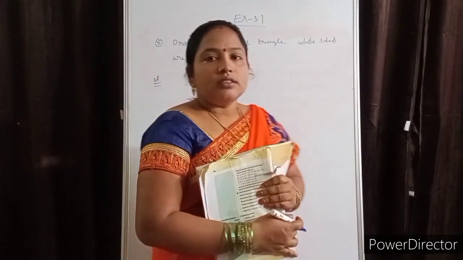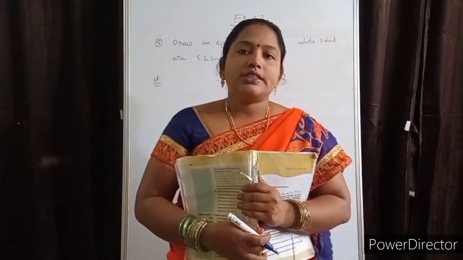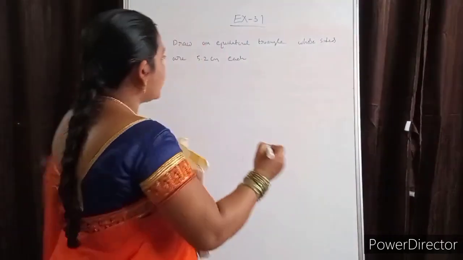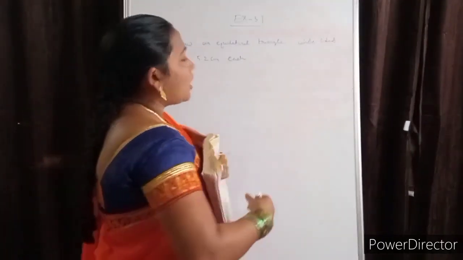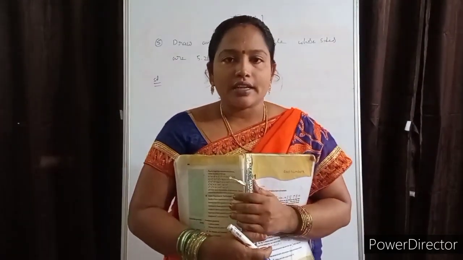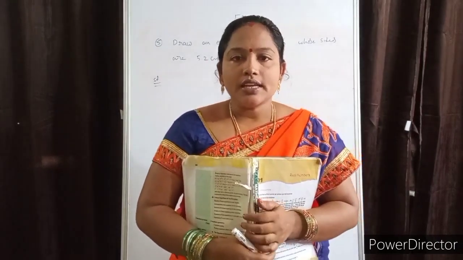First, draw a rough sketch with given measurements. In an equilateral triangle, all three sides are equal.